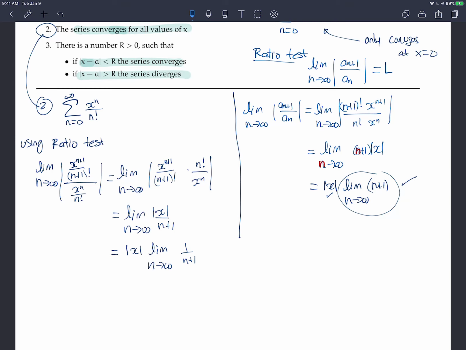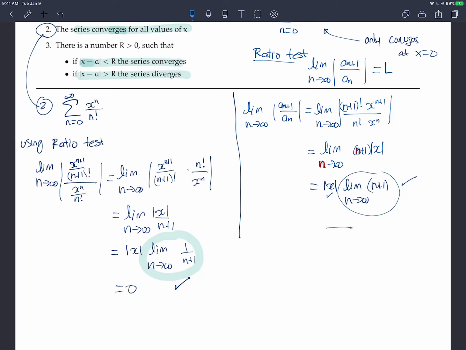Now it's the opposite of what happened over here. This limit is 0 regardless of the value of x. No matter what value of x is, this will give you 0. I don't care what value of x you plug in, this limit will always be 0. So that means the series will converge for all values of x, like we had up here. So, that's the example for number 2.